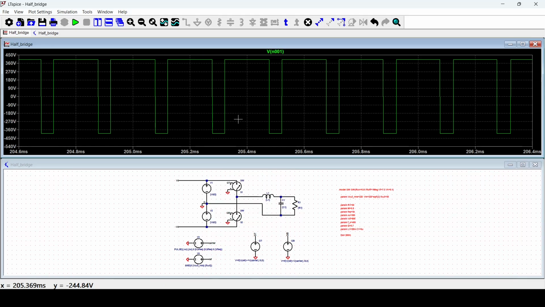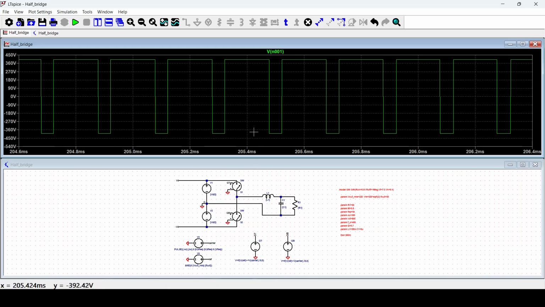We don't have any rise time or fall time, and also we don't have any dead time in the switches. We can see it here because I put the reference in these two branches, but there is no dead time between the two switches, which are ideal.